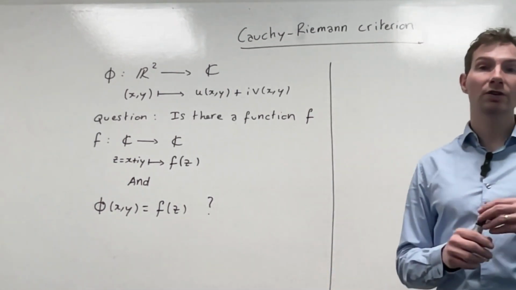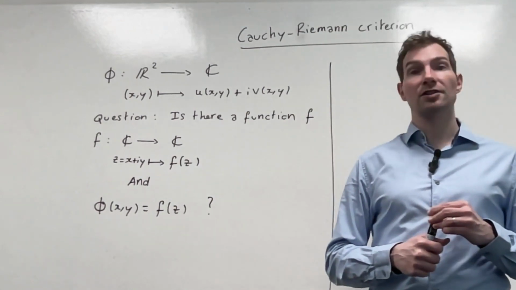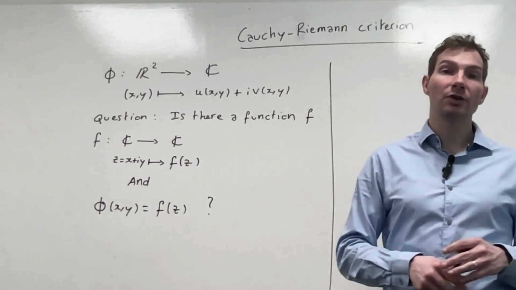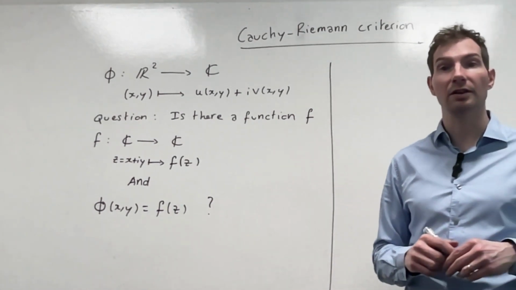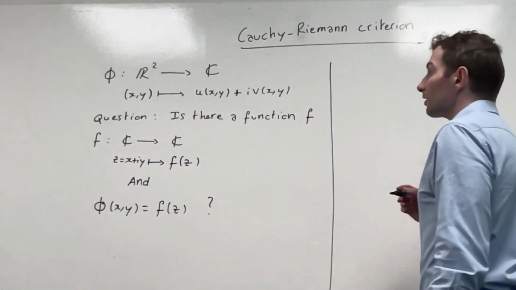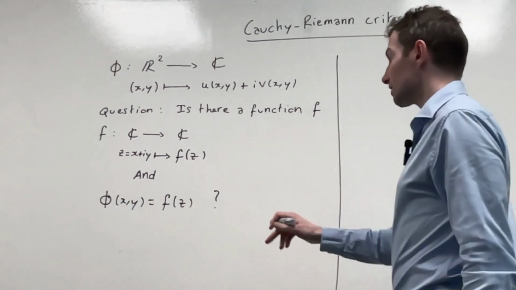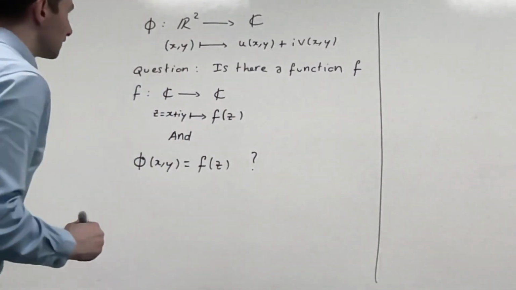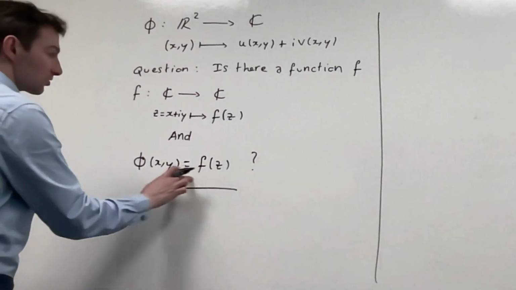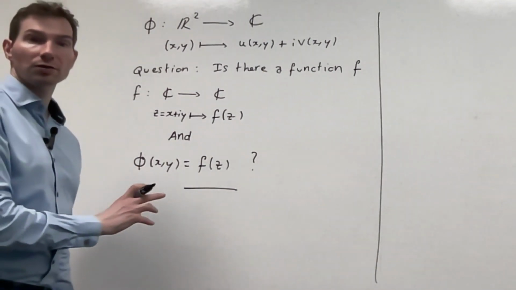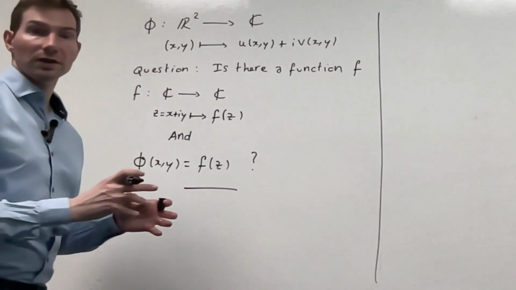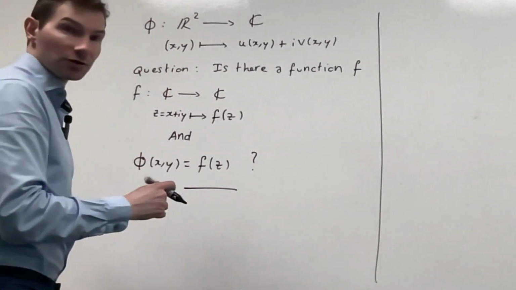Okay, so what we are going to show here is that if we assume this particular function to exist, then we are going to get a particular set of criteria. So the first thing we are going to say is, if this is true, then this is going to constrain what we can observe for the partial derivatives.